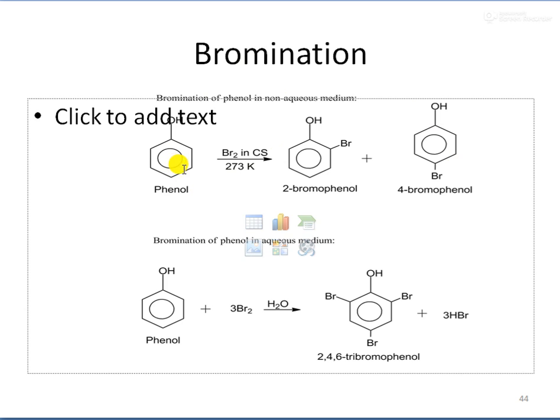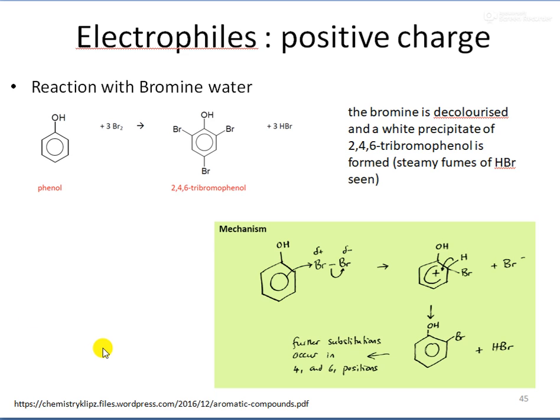So this is the bromination reaction. When phenol is brominated at low temperature, we get ortho and para-bromophenols. Whereas when the concentration of bromine is increased, in bromination of phenol with an aqueous solution, that is in treatment with bromine water, we get 2,4,6-tribromophenol. So let us understand how this bromine addition is occurring. In a bromine molecule, a slight polarization of the Br-Br bond occurs, and the delta positive part will come and attach to the electron rich site of the benzene ring.